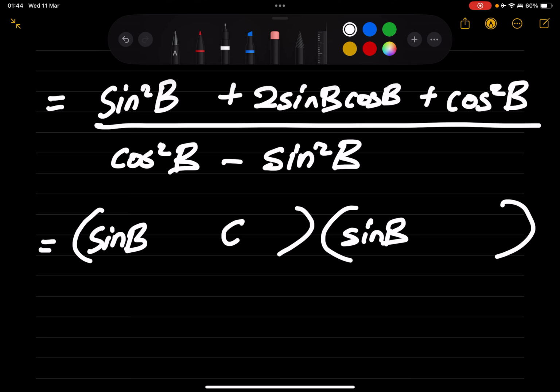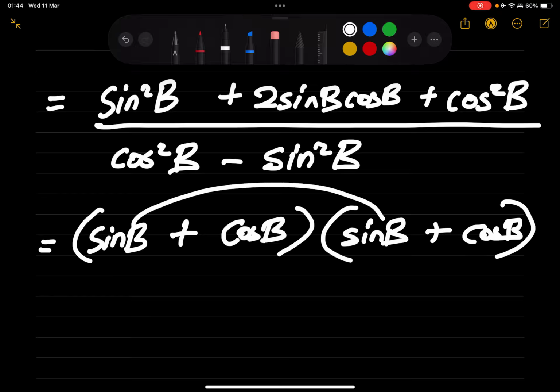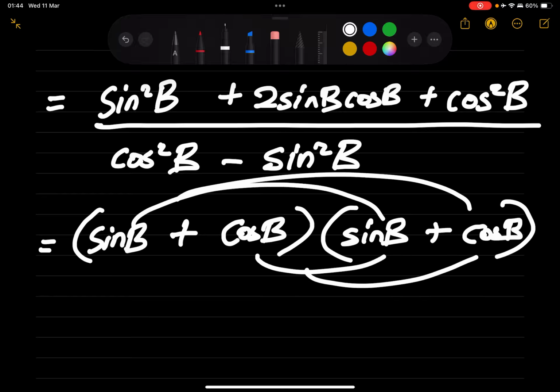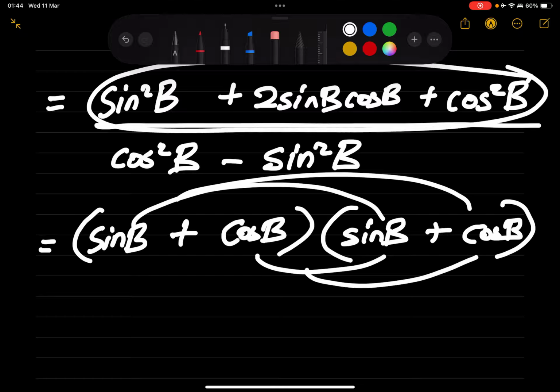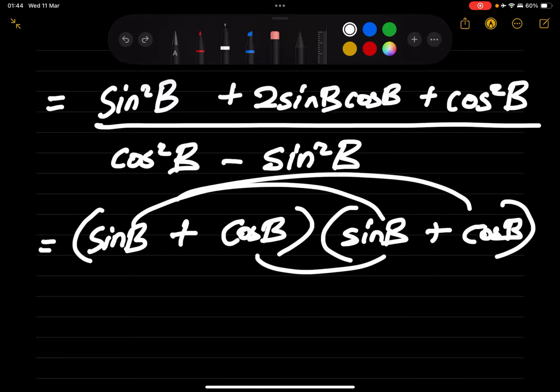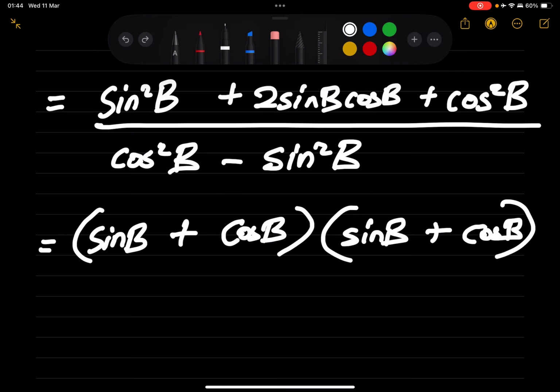Cos squared b will break into cos b and cos b. And then the sign, you take the sign of the middle term, so it's a plus and a plus. If you were to FOIL, you will still get this guy here. Okay? So that's fine.